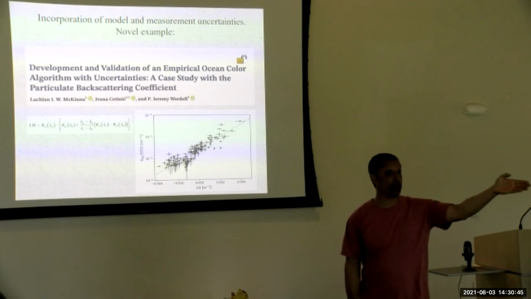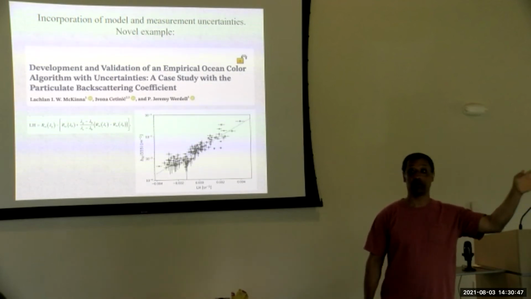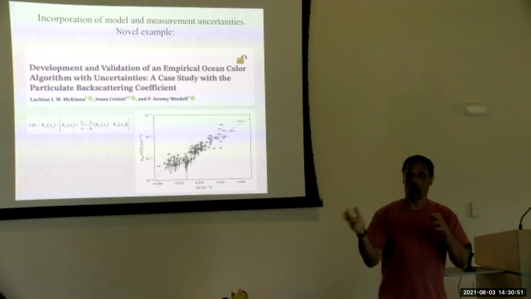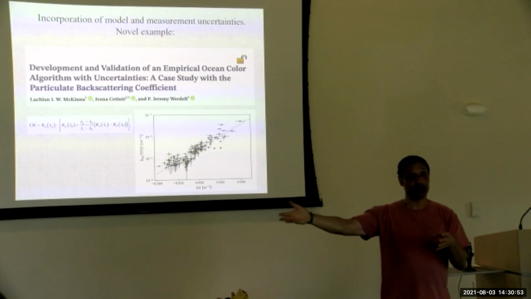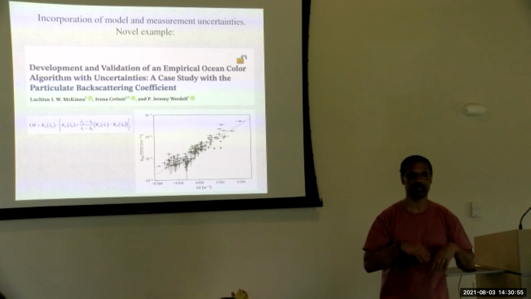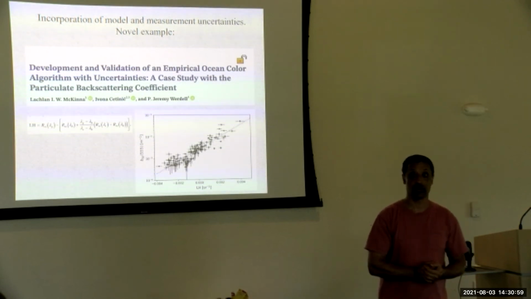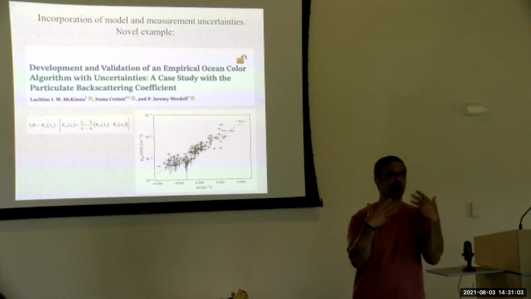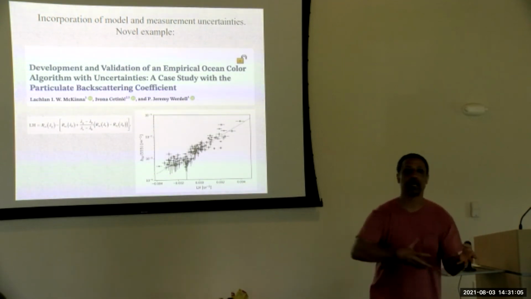And again, it should be the same with Hydrolight. You can vary the inputs to Hydrolight within the noise and see how it affects the output, the RRS. It's another application of that. So you're adding noise, or uncertainties, to see how the uncertainties affect the output.